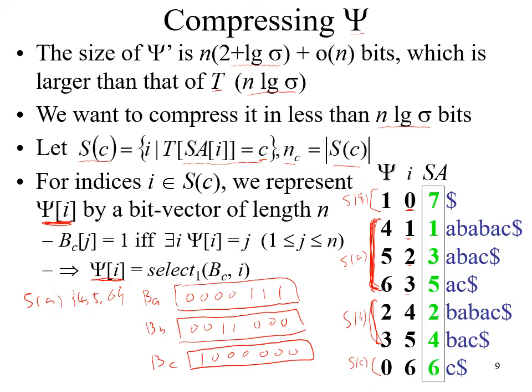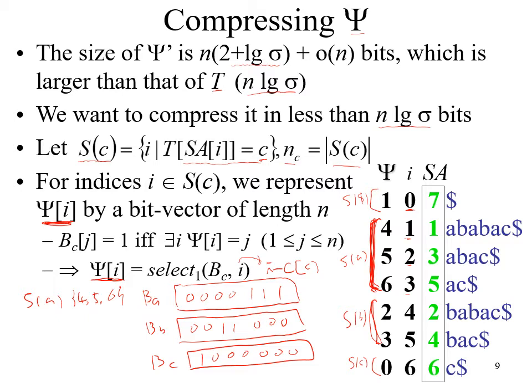We have to, so here this should be I minus the sum, C of C, where C of C is the first index of the suffix whose first character is C, minus 1.